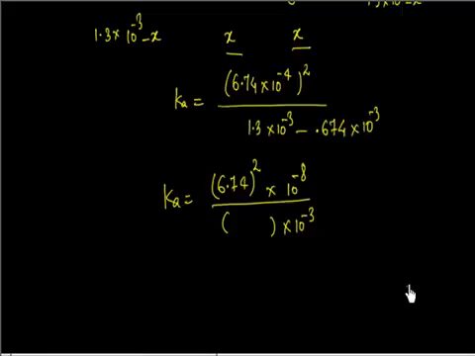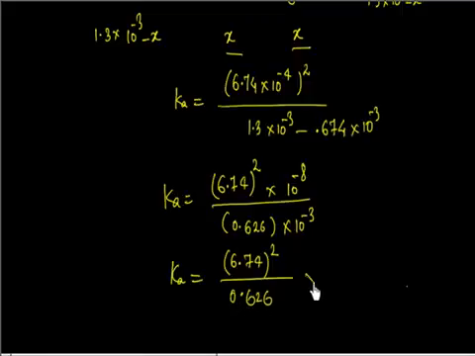So the final value for K is 6.74 squared divided by 0.626, into 10 to the power minus 5.